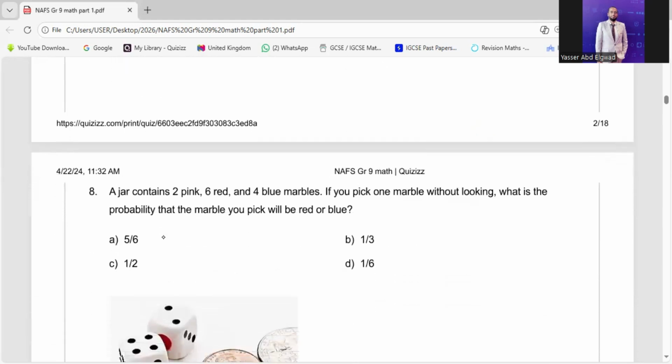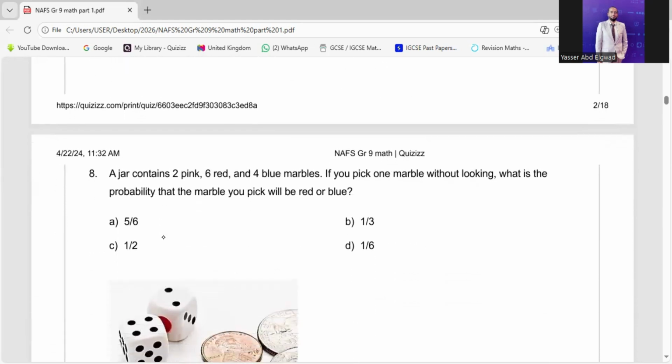The next one here is a jar containing 2 pink, 6 red, and 4 blue. We can summarize our given like this. If you pick one marble without looking, what is the probability that the marble you pick will be red or blue? Here we have to add the number of red, which is 6, and the number of blue, which is 4. 4 plus 6 over the total.